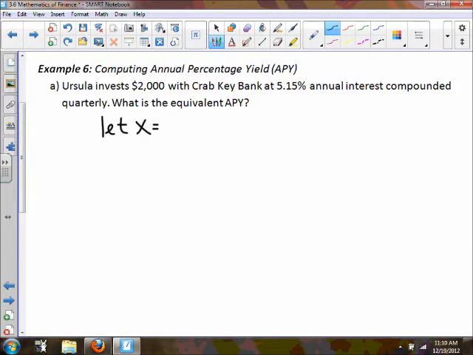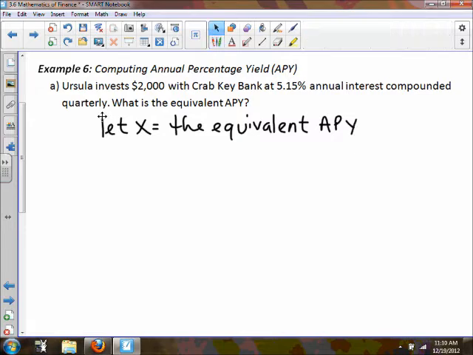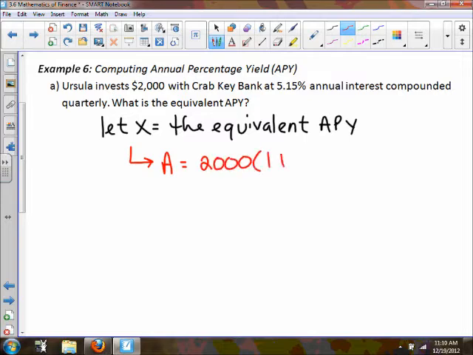let X equal the equivalent APY. And I'll definitely write that down. This means your A will be 2,000 times 1 plus X. Because remember, if you think back to our equation, A is equal to 1 plus R over K to the KT power, right?